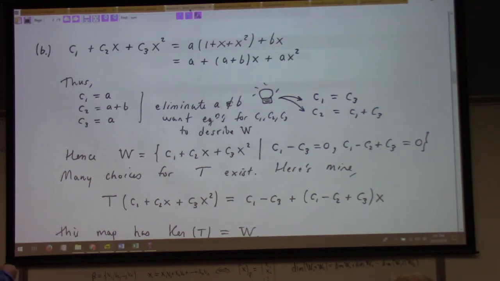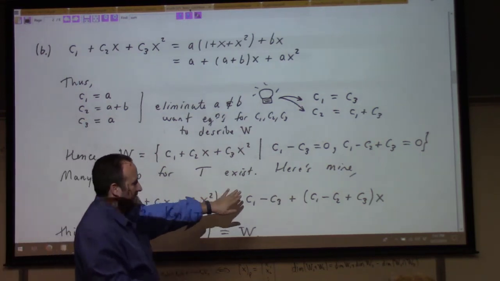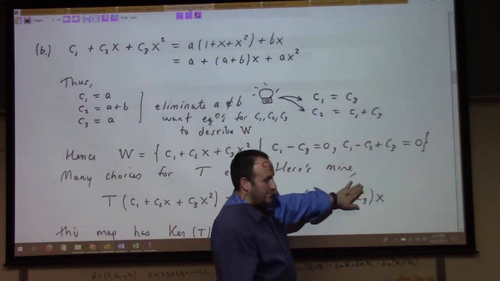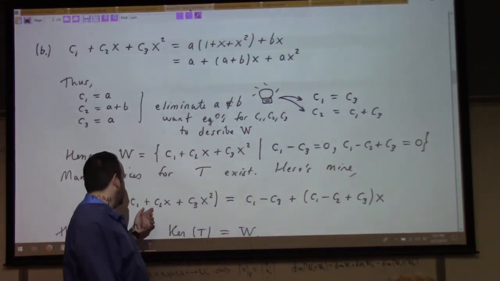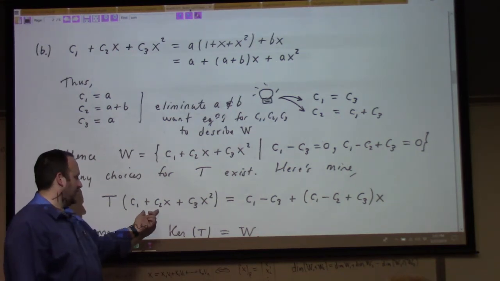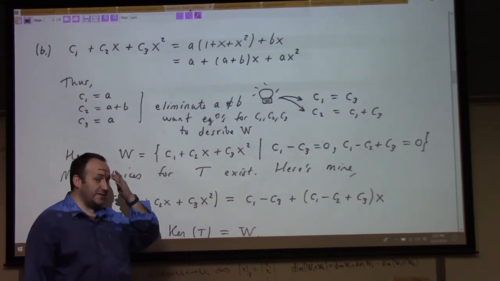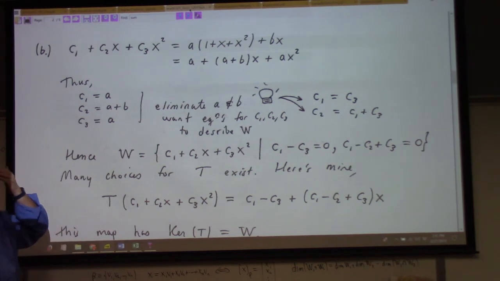And so I could have just blanked that out and just said that C1 plus C2x plus C3x squared is equal to C1 minus C3. That would have been enough.